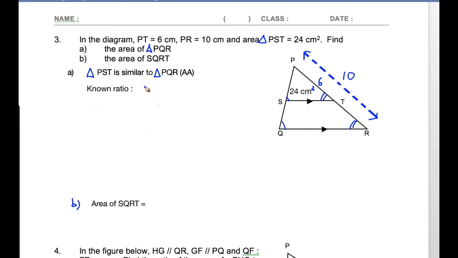Therefore, now we can proceed to find the known ratio from a pair of known corresponding sides, which are the sides PT and PR. So PT over PR is equal to 6 over 10, which we reduce to 3/5.